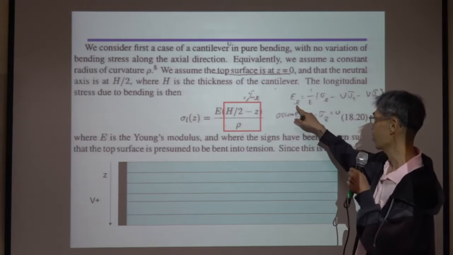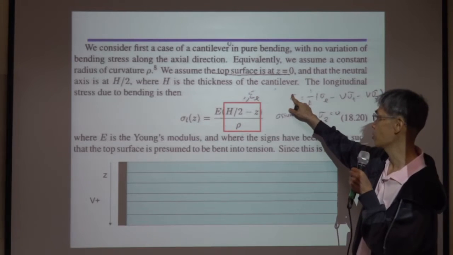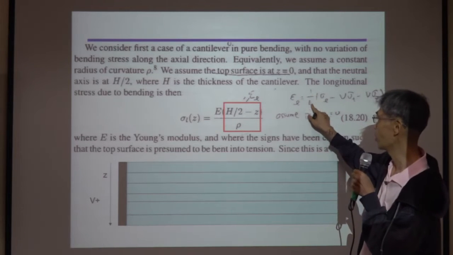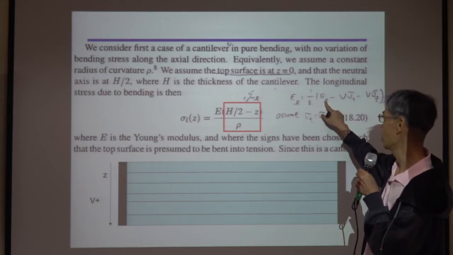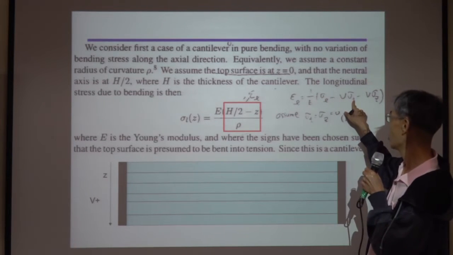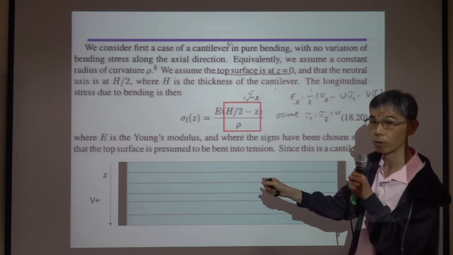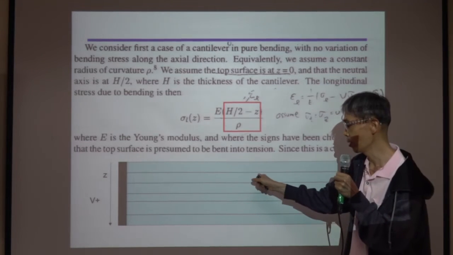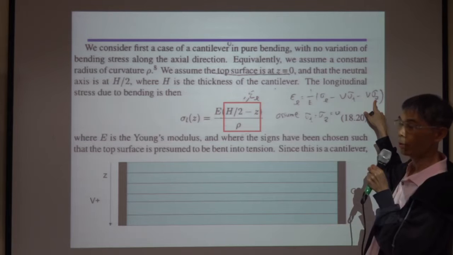Come back to this equation. Strain equals 1 over Young's modulus times stress in the L direction minus nu times stress in the transverse direction and stress in the Z direction.